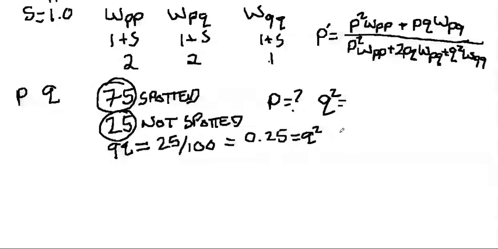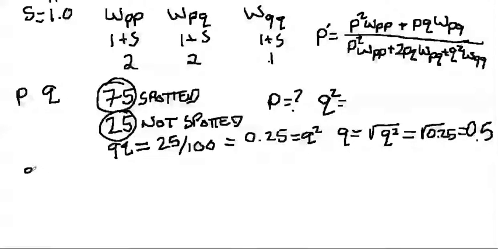Now if I want to find Q, that's just going to be the square root of Q squared, or the square root of 0.25, which equals 0.5.